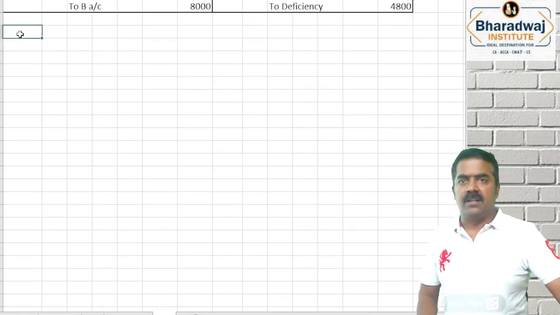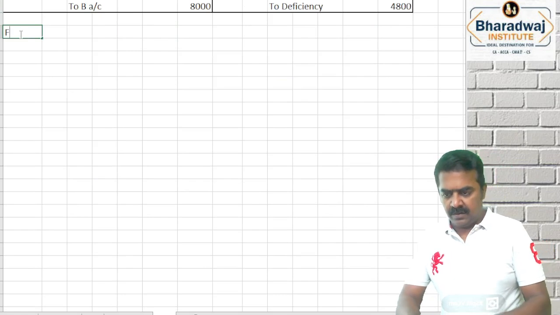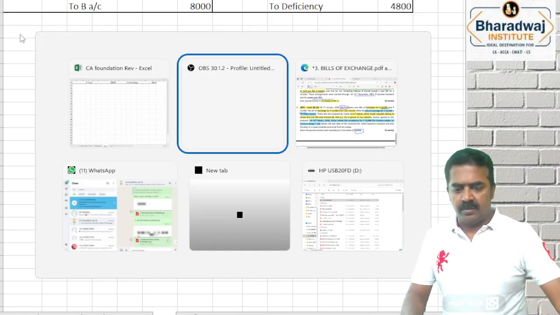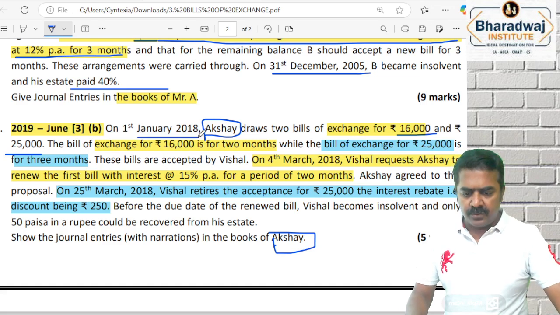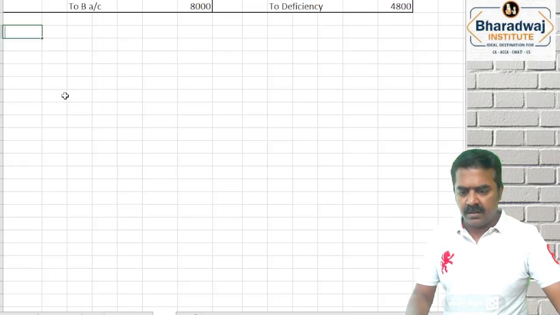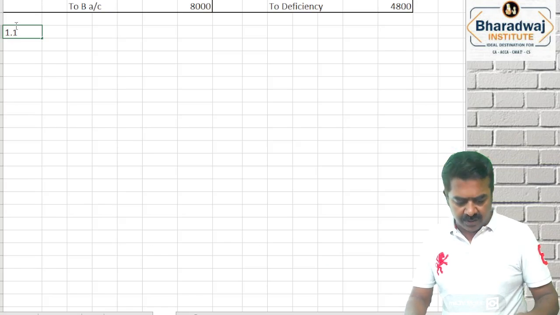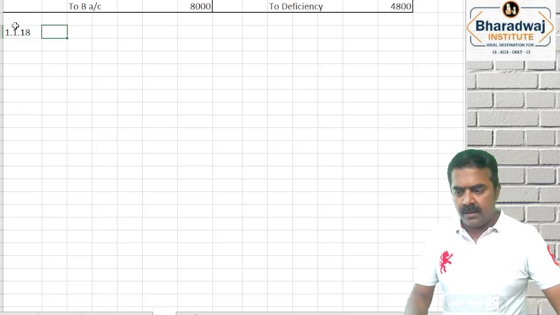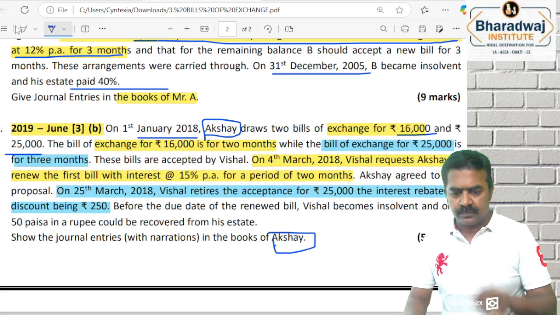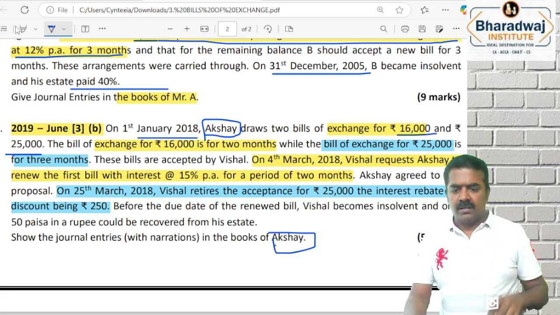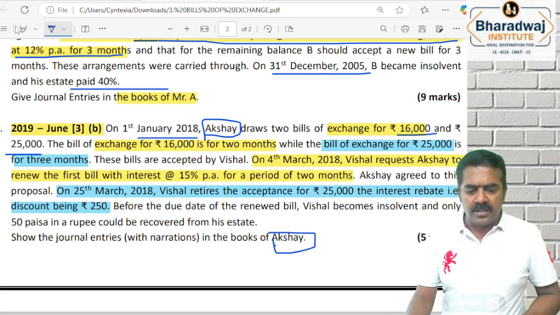First, when the bill is drawn, 1st January 2018, what is the entry you will pass? In the books of Akshay, we are drawing two bills of exchange on whom?